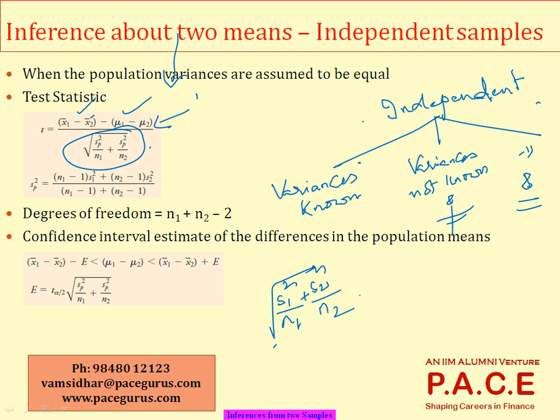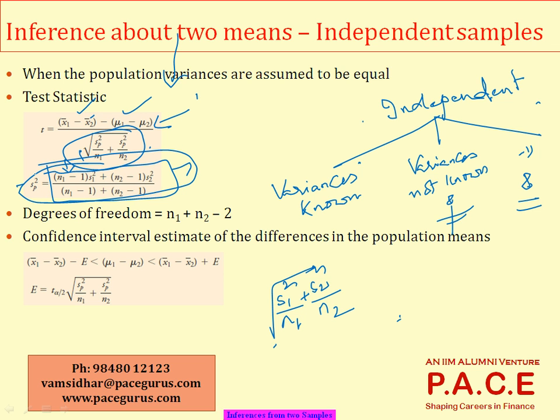Now if I am assuming the population variance to be the same, generally what has come out is a concept of pooled variance. The pooled variance is coming out like this: a weighted average, n1 minus 1 into s1 squared plus n2 minus 1 into s2 squared divided by n1 minus 1 plus n2 minus 1.